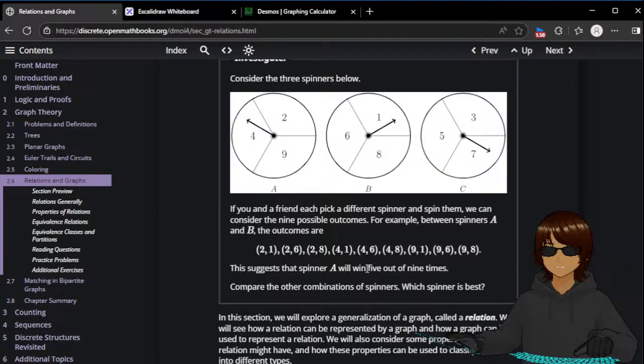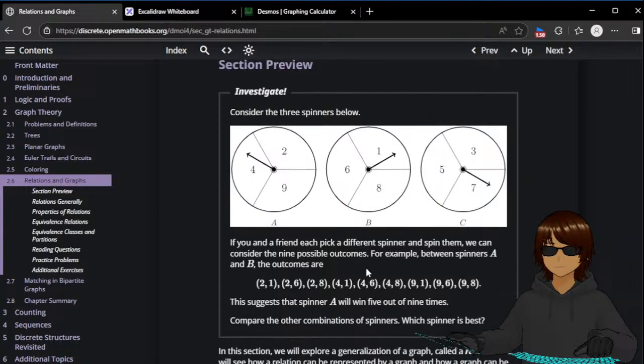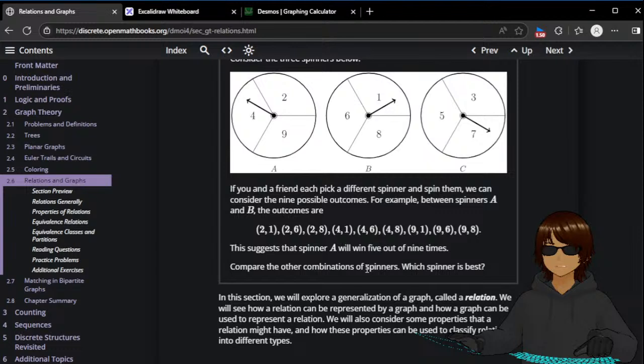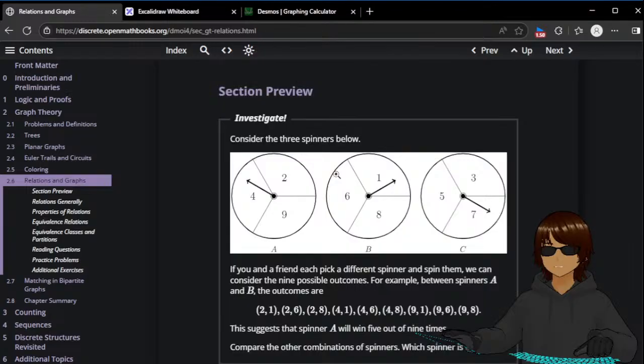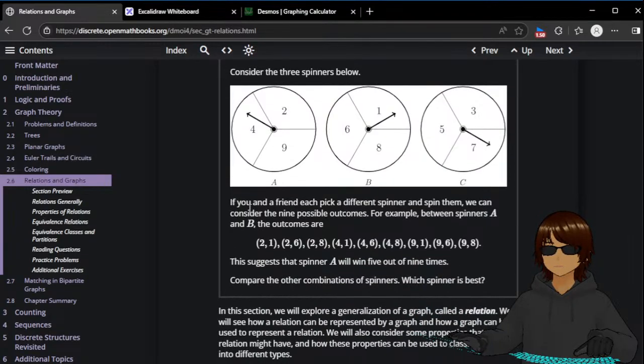What do they mean by win? 1, 2, 3, 4, 5. Or they mean like when A gets a high number?